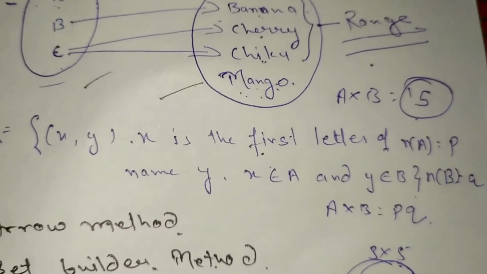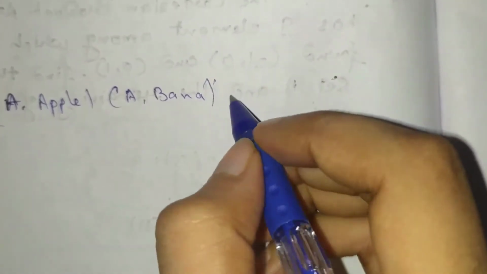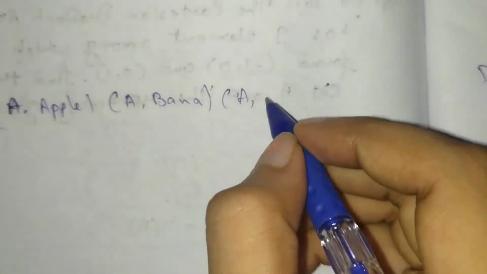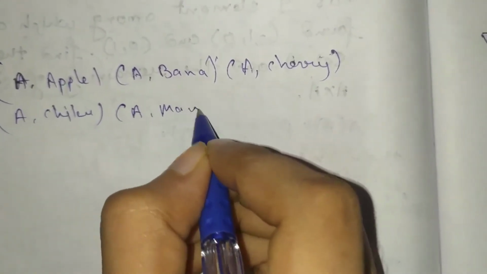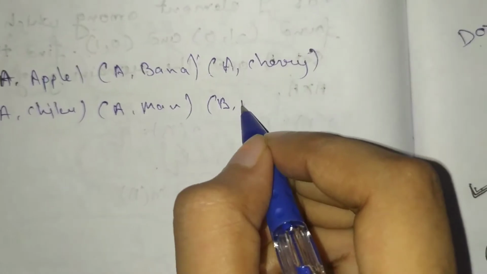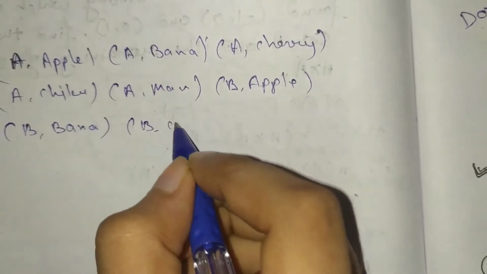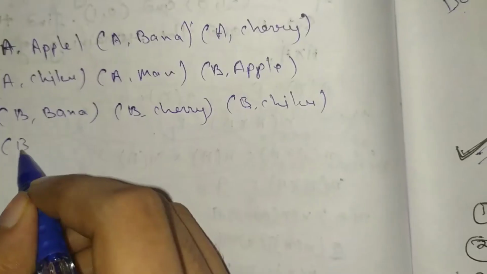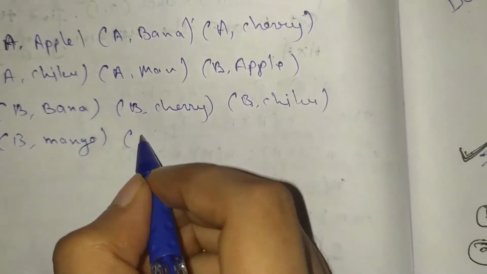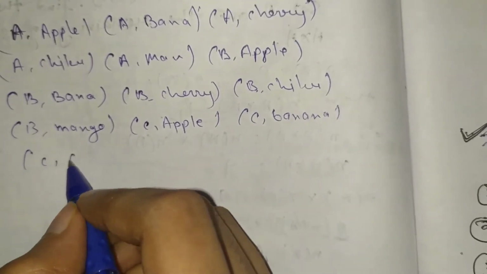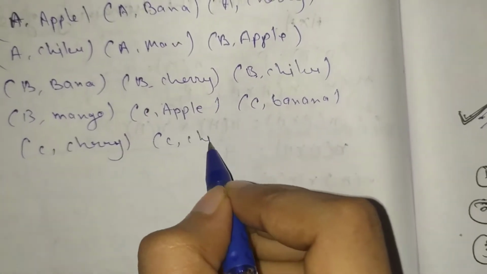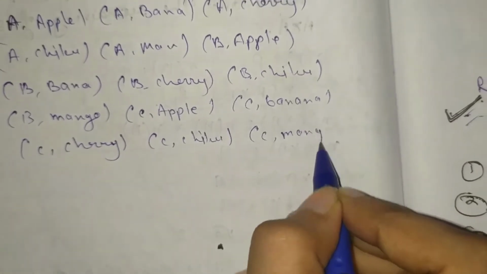Let me show you all the Cartesian products, I am writing in short: a-apple, a-banana, a-cherry, a-chiku, a-mango. Similarly, b-apple, b-banana, b-cherry, b-chiku, b-mango. c-apple, c-banana, c-cherry, c-chiku, c-mango.